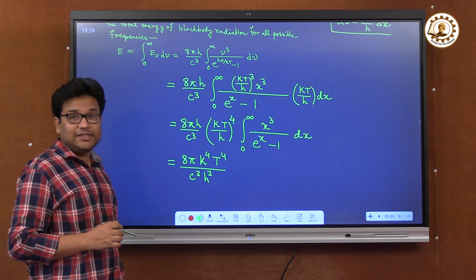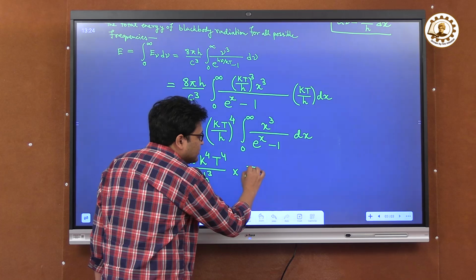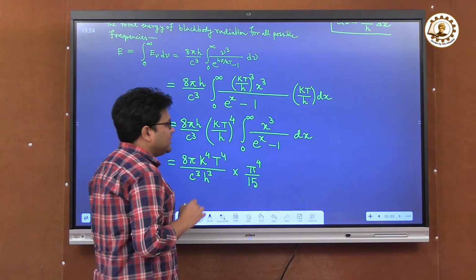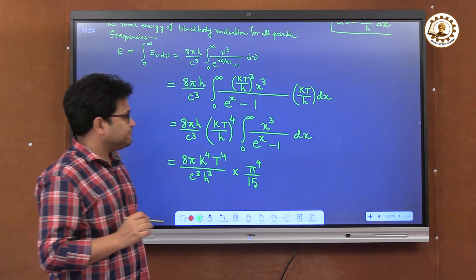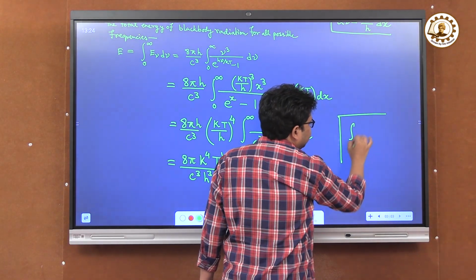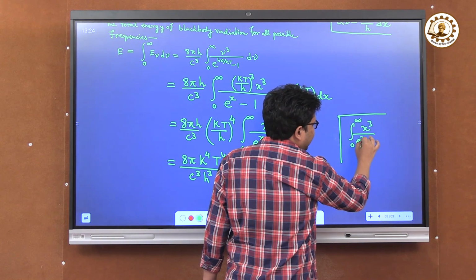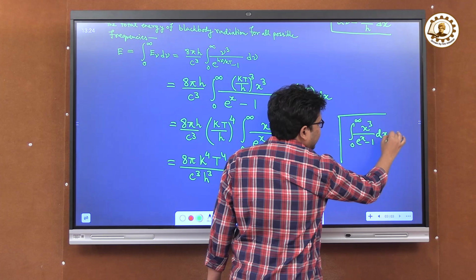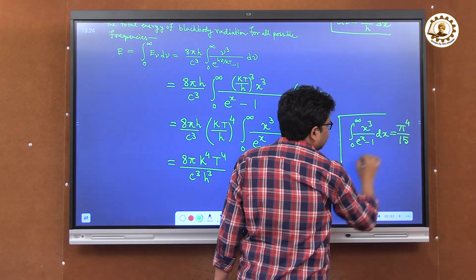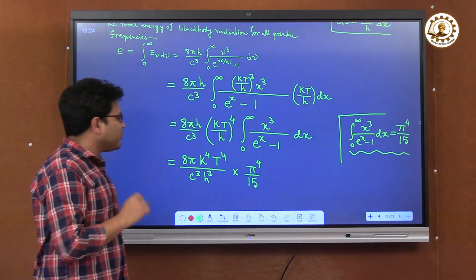This is a well-known standard integral and its value is pi to the power 4 by 15. This is to be memorized. That is, the value of the integral from 0 to infinity of x cube by e to the power x minus 1 dx is pi to the power 4 by 15. You need to memorize it. So keep it in your mind.